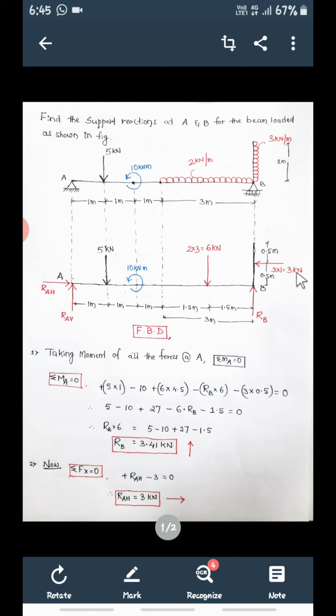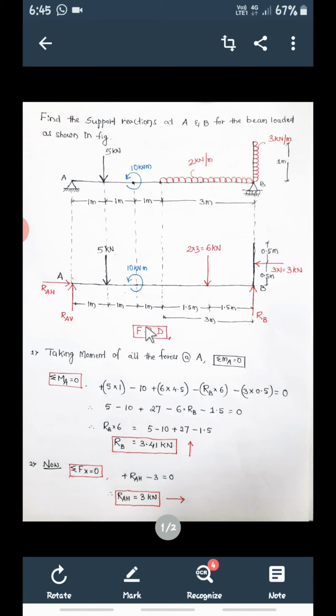And what is the distance? The point load will be acting at half of this 1 meter, means 0.5 from here and 0.5 from here. So 3 into 1, 3 kilonewton point load, this is 0.5, this is 0.5. So this is the free body diagram.